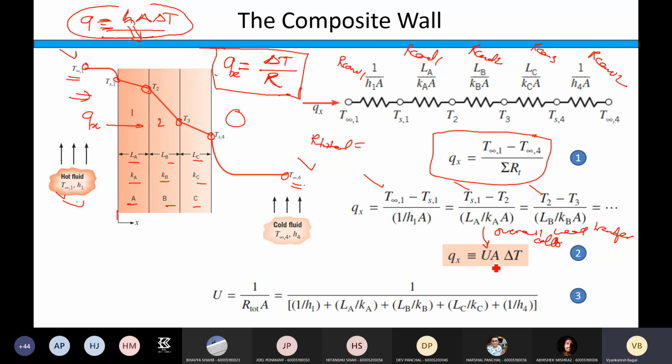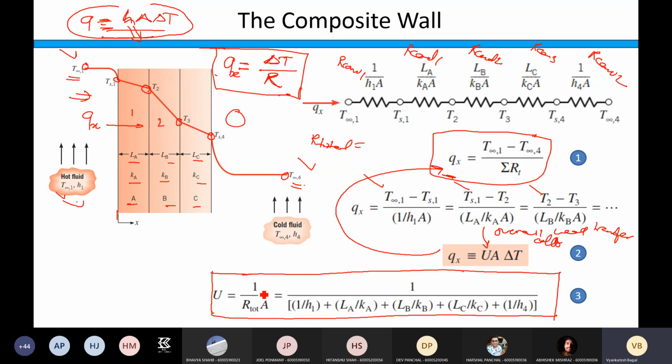If you compare this expression with this, then you can write the expression for the overall heat transfer coefficient in terms of total resistance.